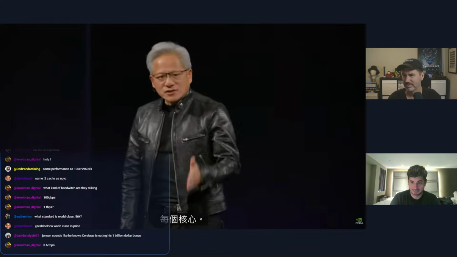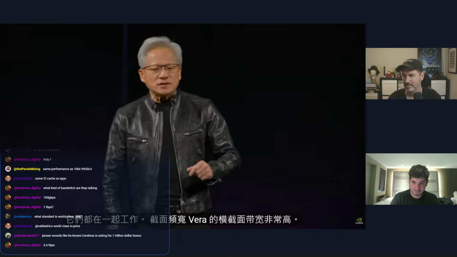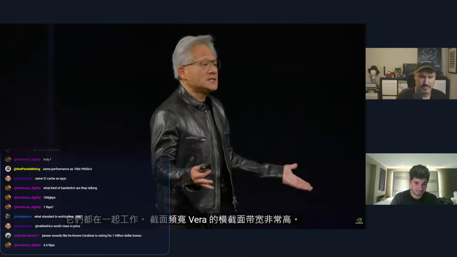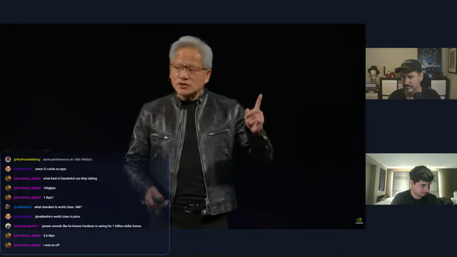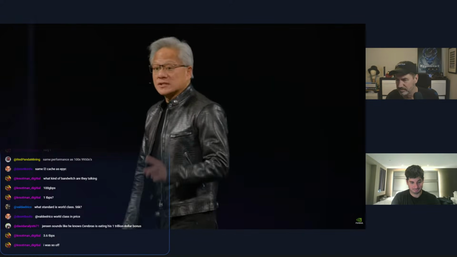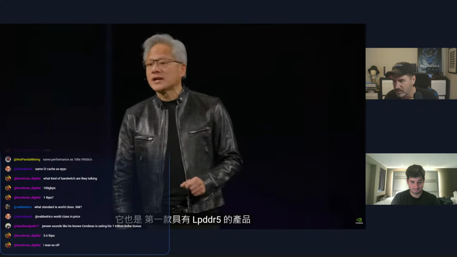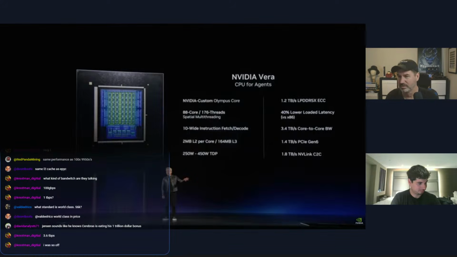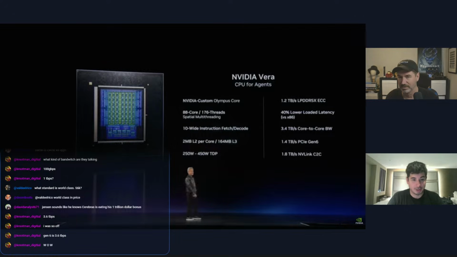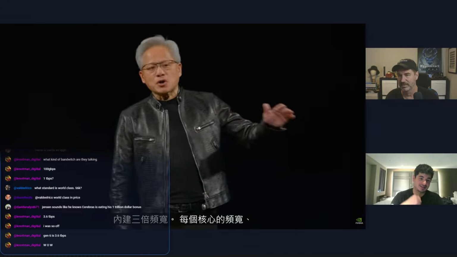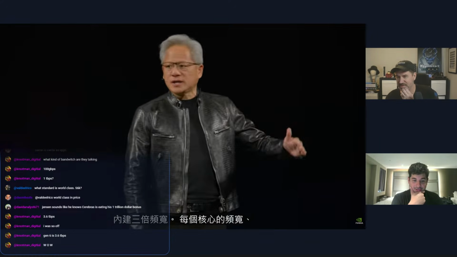The cross-sectional bandwidth of Vera is off the charts. It's the first one to be PCI Express Gen 6. It is also the first one to have LPDDR5 with 1.2 terabytes per second. 2 to 3 times the bandwidth of the highest performance CPUs on the outside, 3 times the bandwidth on the inside. The bandwidth per core and the bandwidth, period, is world-class.